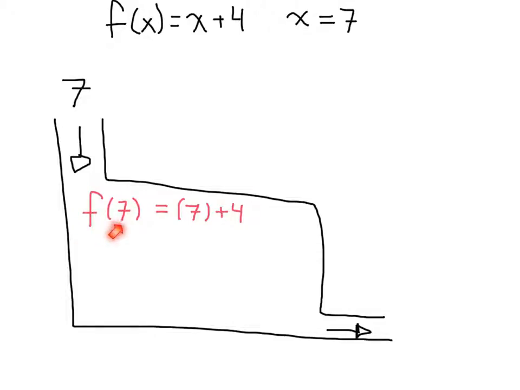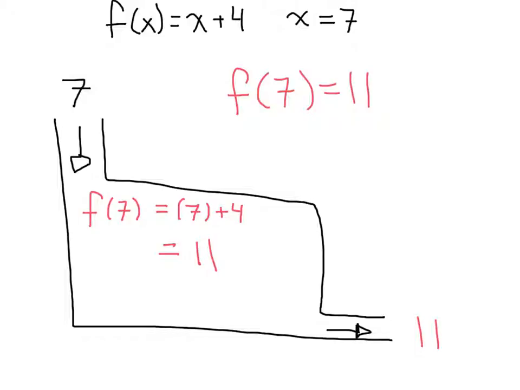The only math we do with these functions is on the right-hand side to simplify to get our output. So on the right-hand side, we'll do 7 plus 4, and we get an output of 11. So 7 went into our function, and the output was 11. And we would write it this way.